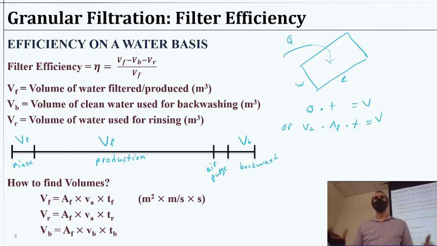And of course, if we want the volume filtered, then we use the time of filtration and call that the volume of filtration. And we need to make sure that we're using the loading rate during production rather than the loading rate for backwashing.